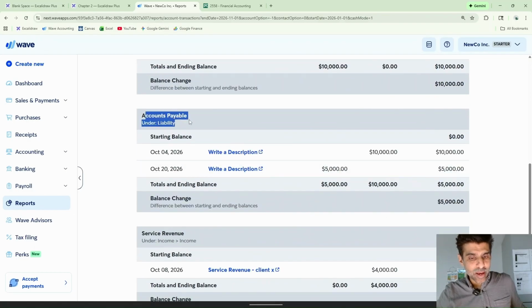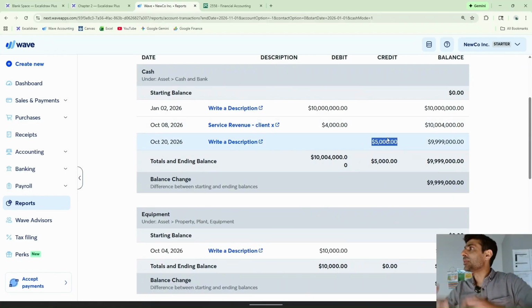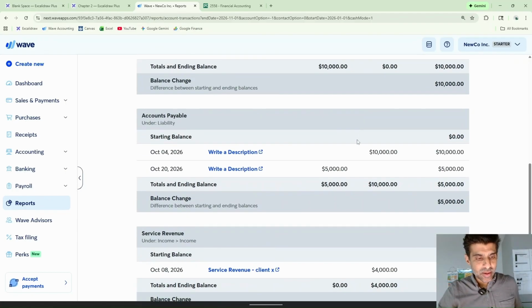And if we look at accounts payable now, we started with this $10,000 credit. We just debited it, right? So this $5,000 debit and this $5,000 credit are from the same transaction, but they've now kind of been split into their respective accounts. Okay, and they're linked together. You can see the date is the same, right?